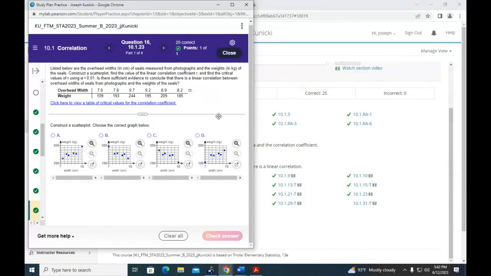All right, so here's another one. This is about overhead widths of seals measured from photographs. So you're in a boat, measuring seals swimming, and you can't measure all the way around, but you can measure the width of the shoulders, and that's going to give you a hint as to the weight.